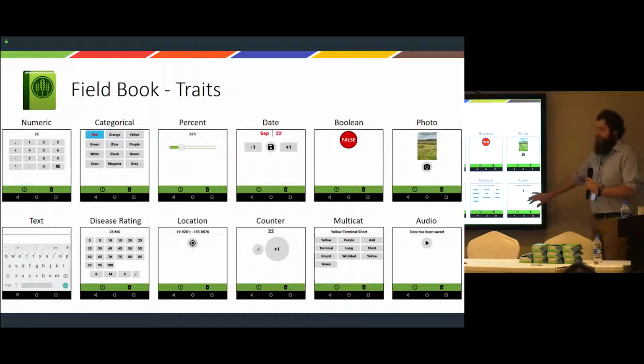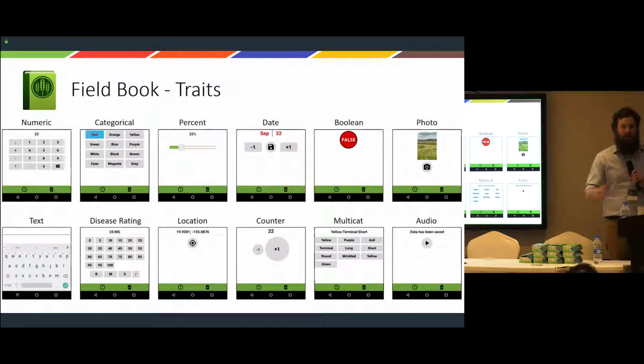And then finally is our audio trait. And this records the user's voice as an MP3 file and saves it in a folder akin to the pictures. So it saves the file similarly to the picture.